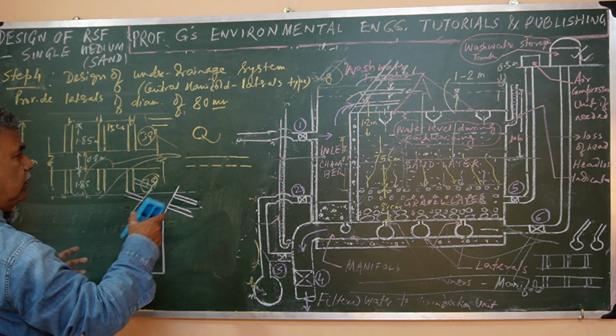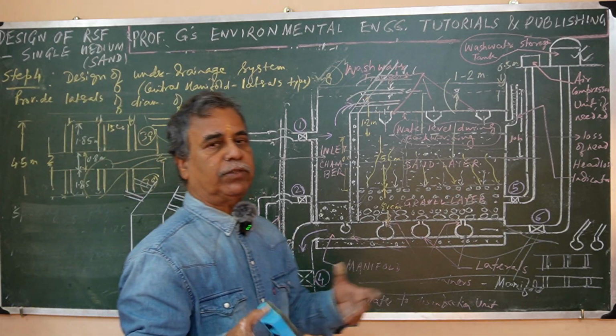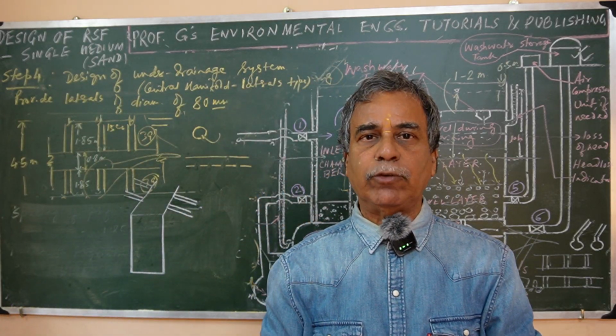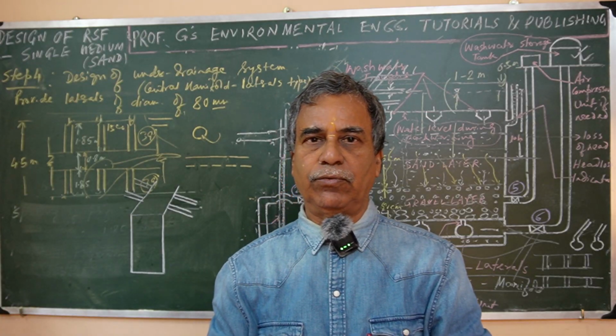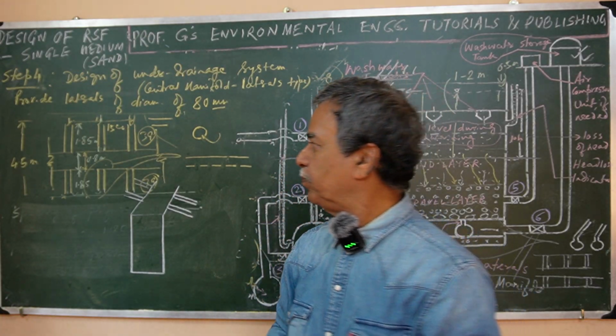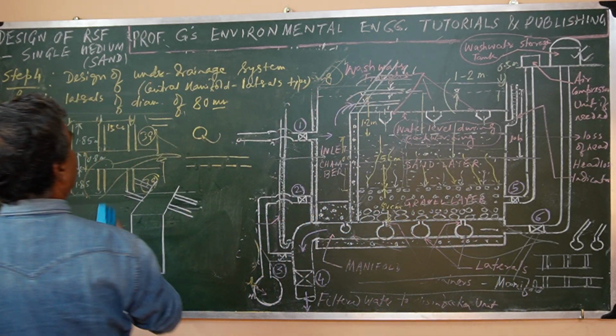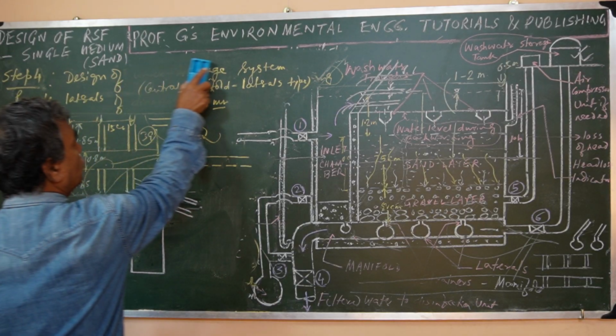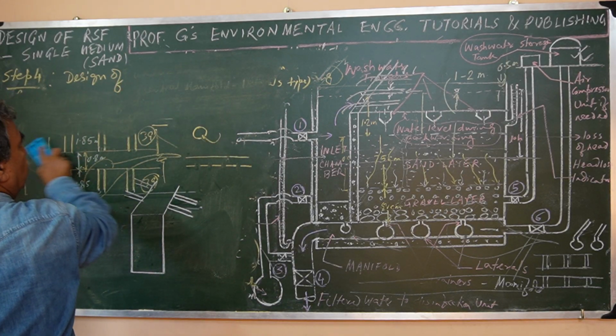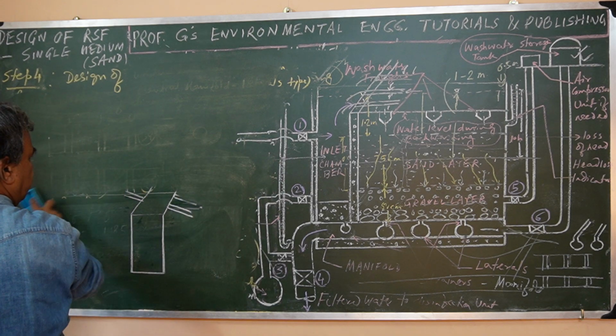So then the entire hydraulics, the distribution pattern also, that would be rather more efficient for the operation of the filter. Coming back to this, the design of wash water collection system.